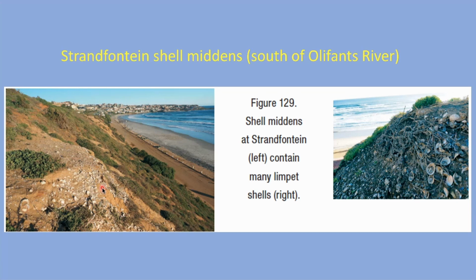So the dump site of our ancestors who ate shellfish. This is a close-up on the right, showing you the many limpet shells, mussel shells, perlemoen. And so this was a very popular spot for the strandloper groups that would go along the coast and harvest this very rich and easily accessible nutrient source of food.